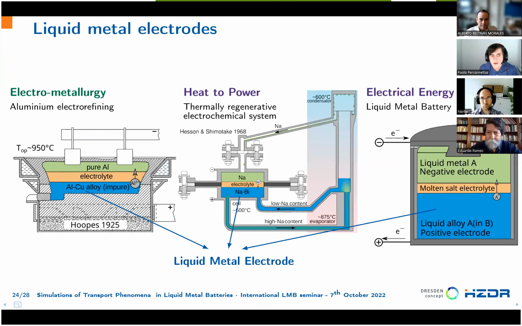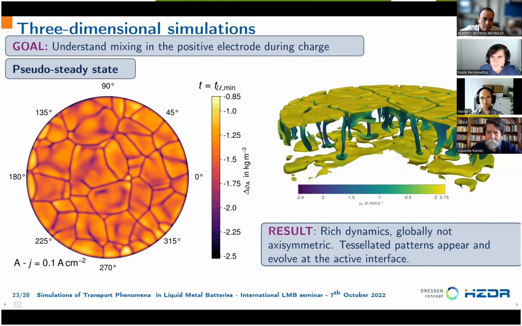But there are following studies from the group in Paris as well, in which they include the external magnetic field, and there is a competition between the two effects, and probably at high magnetic field the electrovortex flow can also become stronger than the solutal effects.